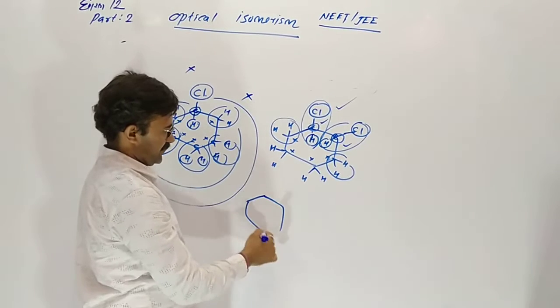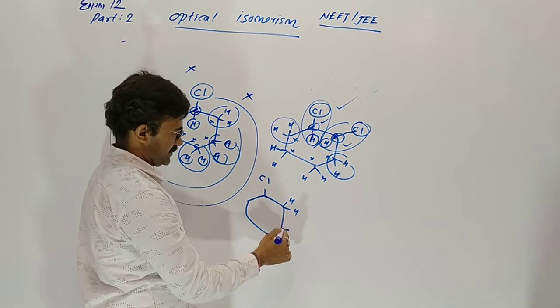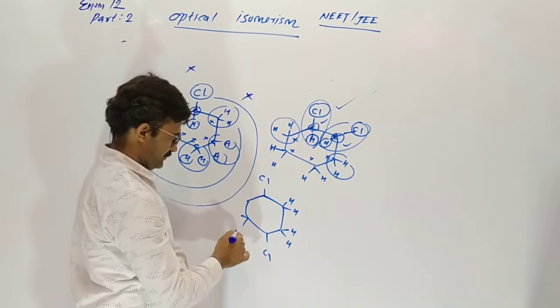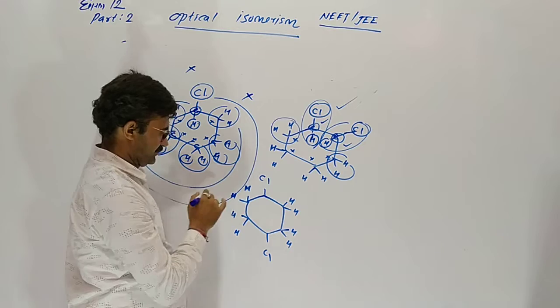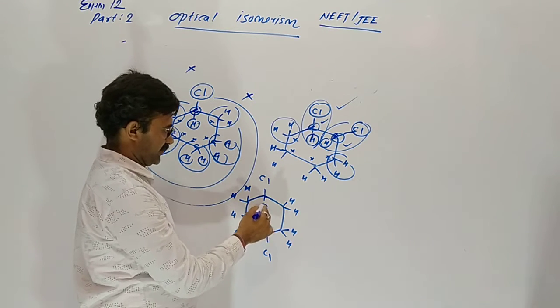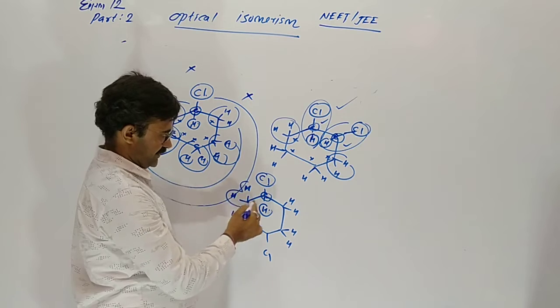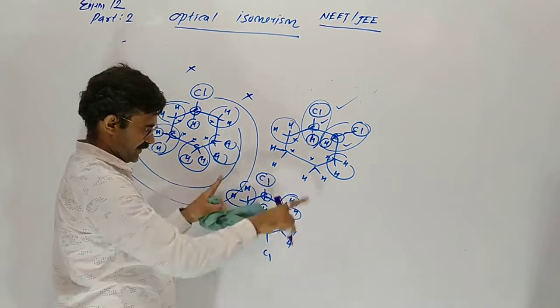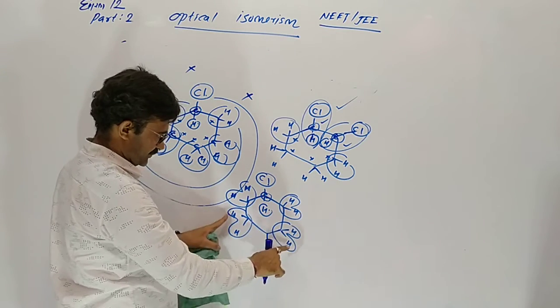What about 1,4-dichlorocyclohexane, which is not optically active? Why? I will give you the reason. Here C, HCl, then CH2, then CH2, both sides, then CH2, then CH2.